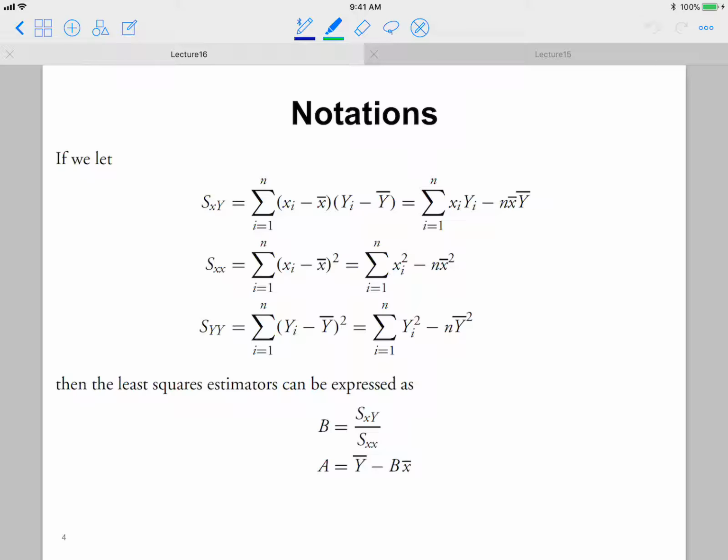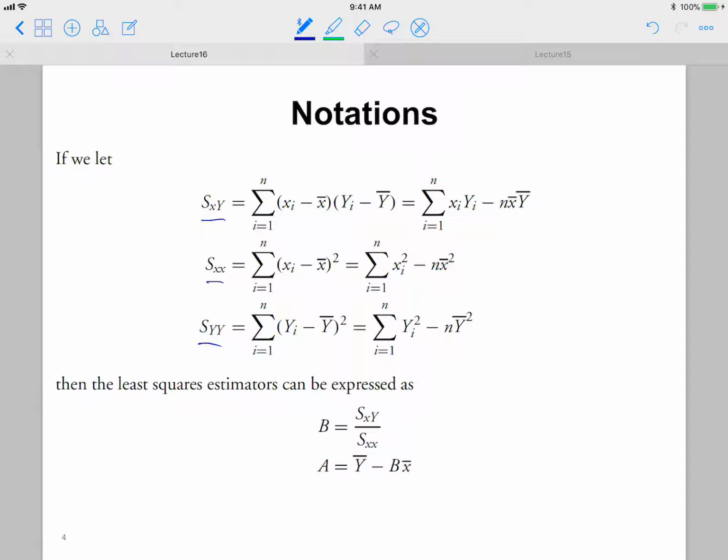Okay, and then in the remaining part of our lecture today, we will go through some formulas and some notations. So the first one is the sample variance and the covariance terms.